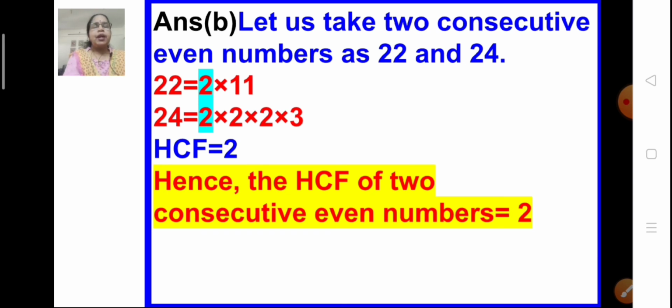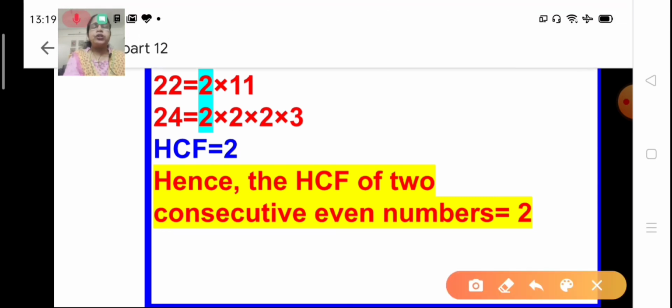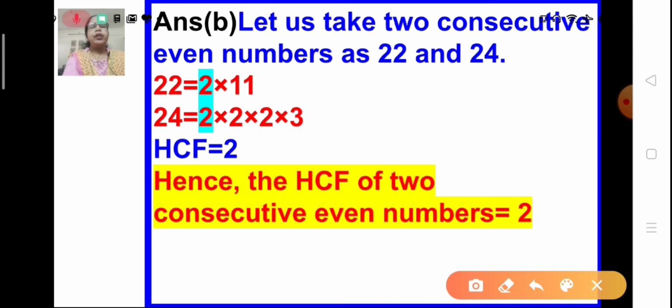Let's for example take 22 and 24. These are 2 consecutive even numbers, isn't it? 24 is the next even number after 22. So what is their HCF? Let's write their prime factors. 22 can be written as 2 into 11 and 24 can be written as 2 into 2 into 2 into 3.